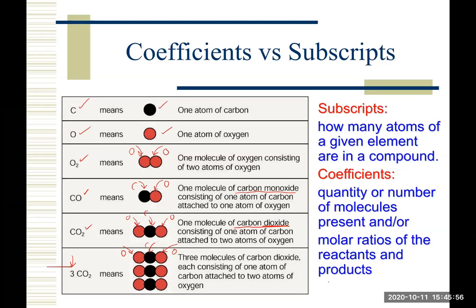We would never write this as C3O6 using the subscripts to show this. The reason we would never do that is because this compound would be called tricarbon hexoxide. And as far as I know, there is no such compound as tricarbon hexoxide.